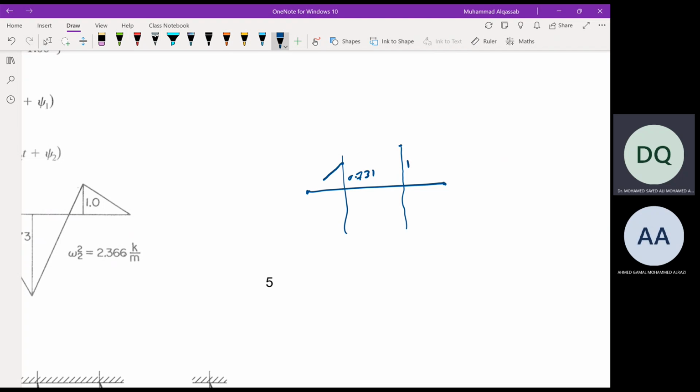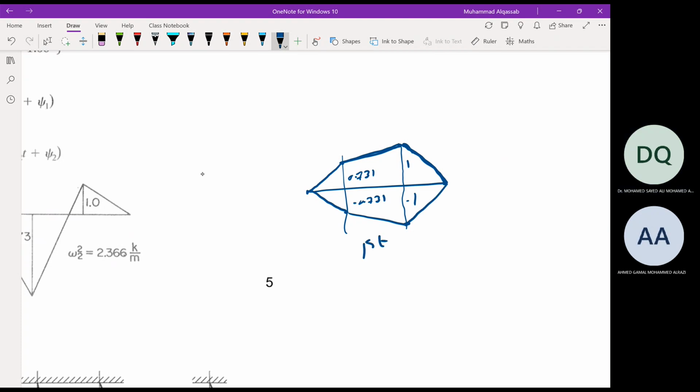Then you can join the points together with straight lines. And if A2 is -1, then A1 will be -0.73. Here, say, this is -1, and this will be -0.731. And then again, we join the points together with straight lines.